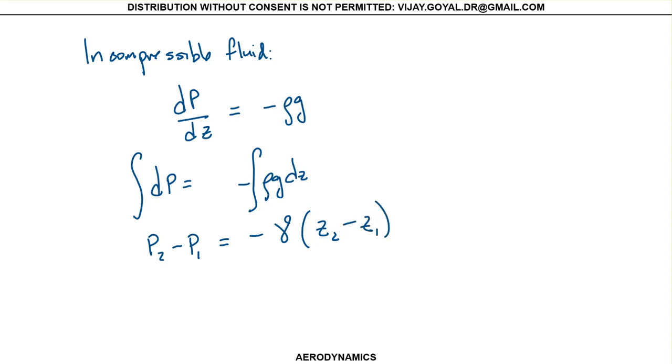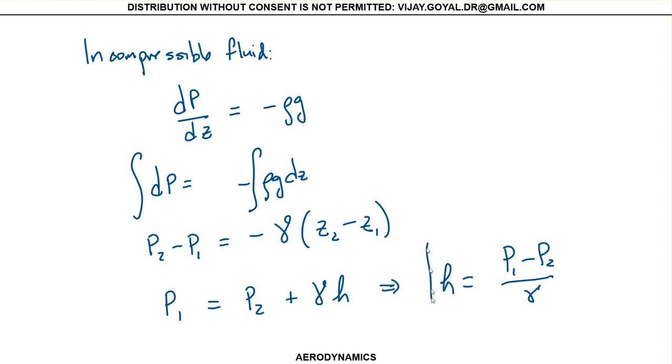And that would be the very convenient equation that we have been using actually. That's P1 is equal to P2 plus gamma times height. Or sometimes we can also write it h is equal to P1 minus P2 over gamma. This equation becomes very, very useful, especially when we are studying, we are trying to understand how gauges work.